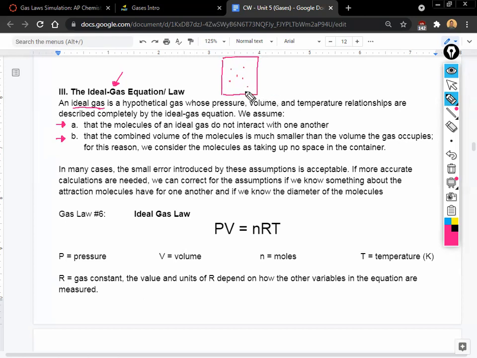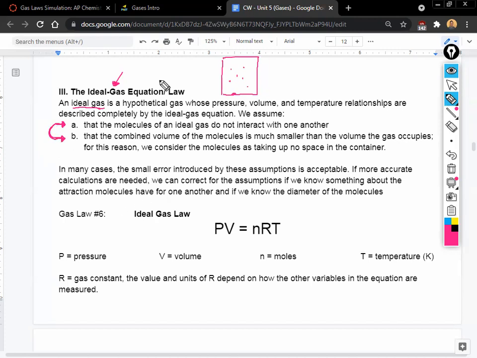So if I actually put the molecules in one spot, it would barely take up any space. But in an ideal gas, we just assume that the molecules don't take up any space at all, okay? So just know that this isn't how real gases work, but for the purposes of this class, we'll just be assuming these two things, okay?